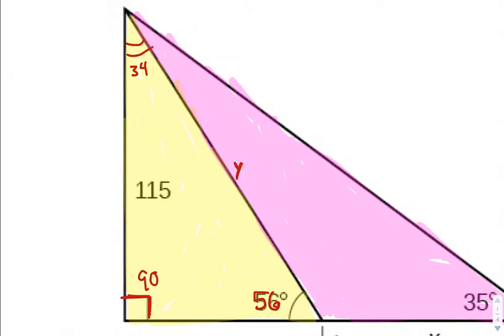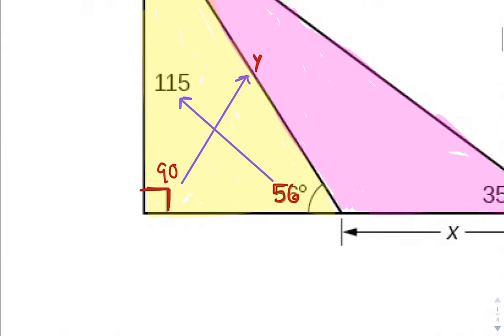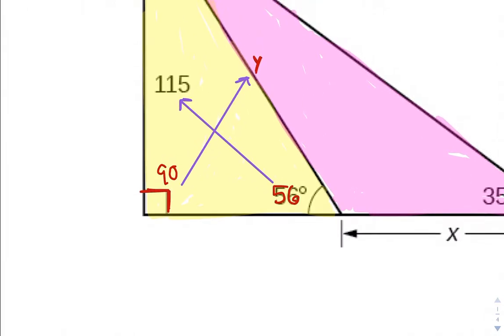Now the rule is you can only use the angle and the sides that are across from each other. So if I look, 56 is across from 115, so I'm going to use that. 34 is across from, well, there's no length there, so I really can't use that, but I can use 90 with law of sines, so 90 is across from y. So law of sines states that you pick the side and then you do it over the angle.